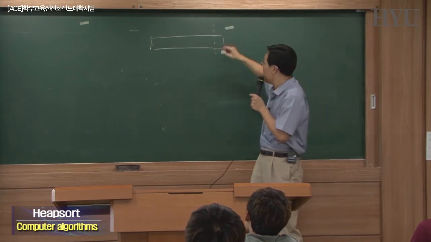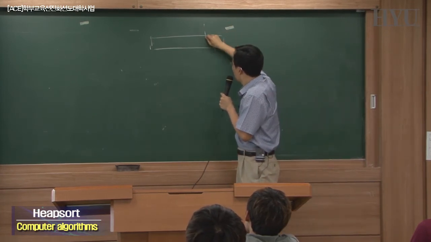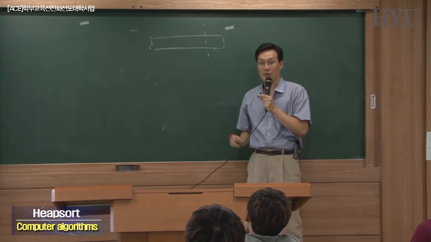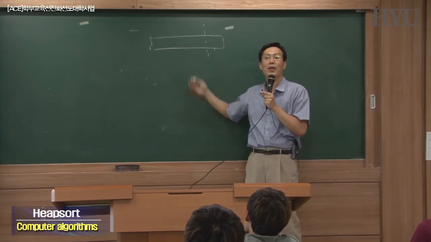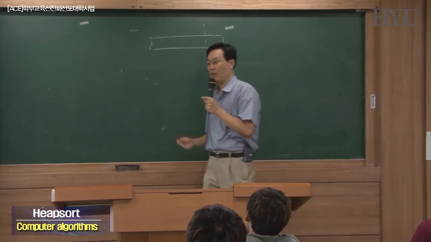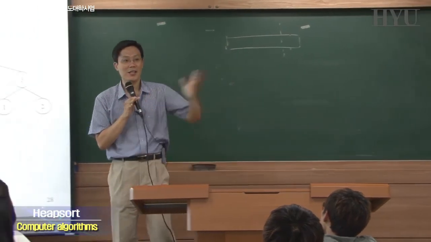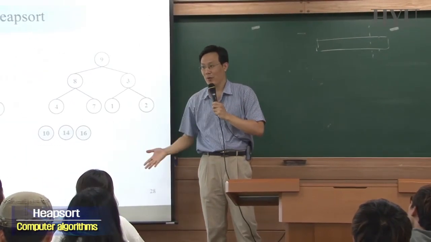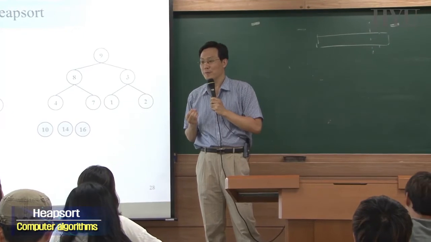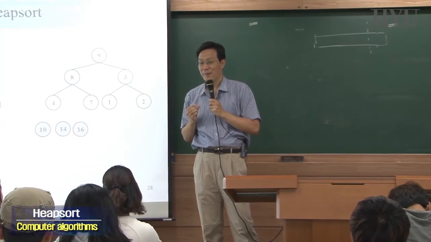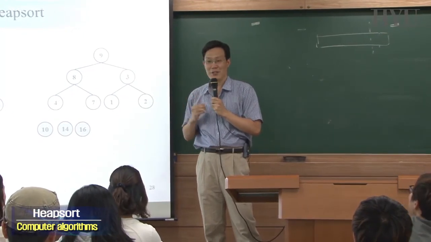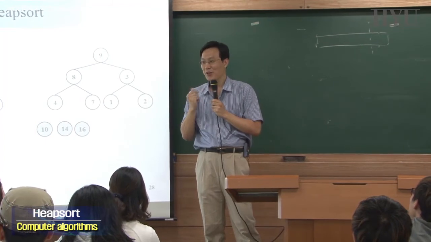And the next iteration, it moves to here. So only one array is enough to store the heap and the output array too. Okay? So there is a magic. The secret of the magic is that.